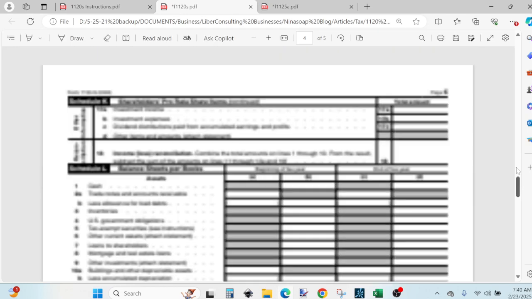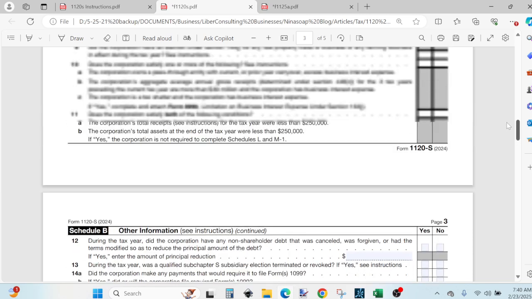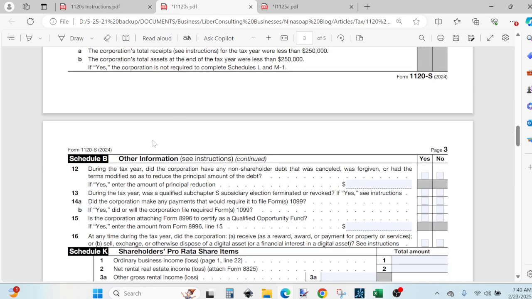Okay, so we are going to go back up to where we are answering those questions. During the tax year, did the corporation have any non-shareholder debt that was cancelled? No. During the tax year, was a qualified subchapter S election terminated or revoked?